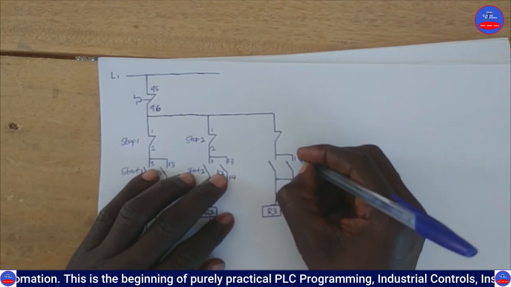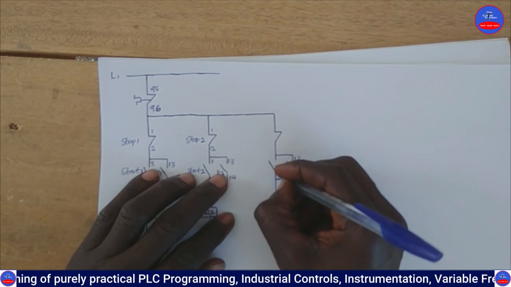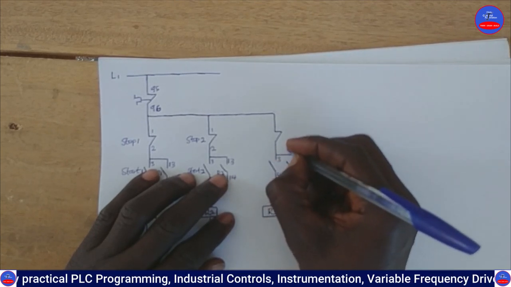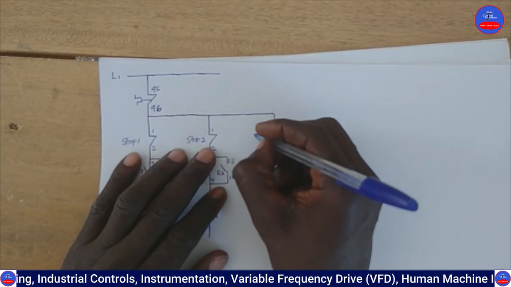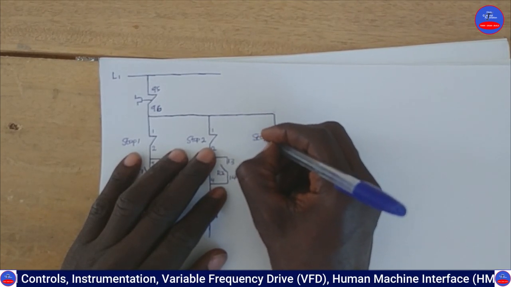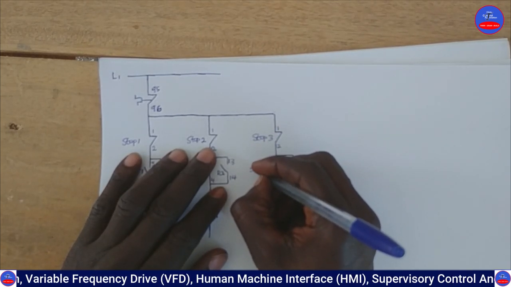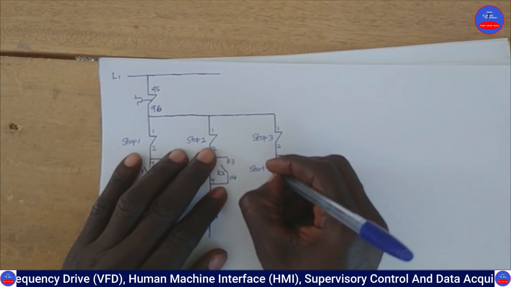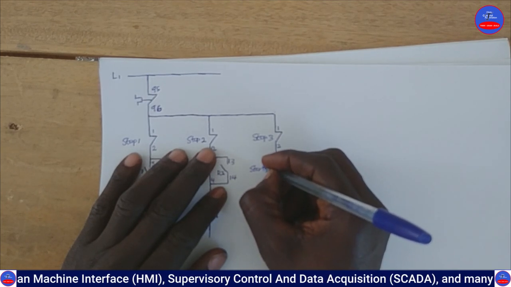So 13, 14, 4, 3, 2, and then 1. This is stop 3, start 3.